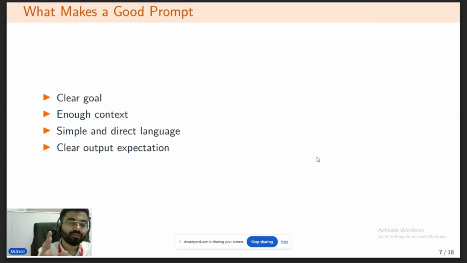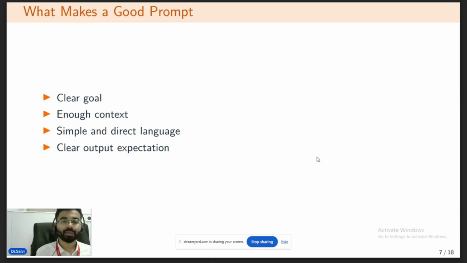Second is to have enough context. Context is a very subjective term, and we can have any number of aspects to it. But here we want to give enough contextual background to the generative AI platforms so that they can understand the clear goal of this particular prompt.